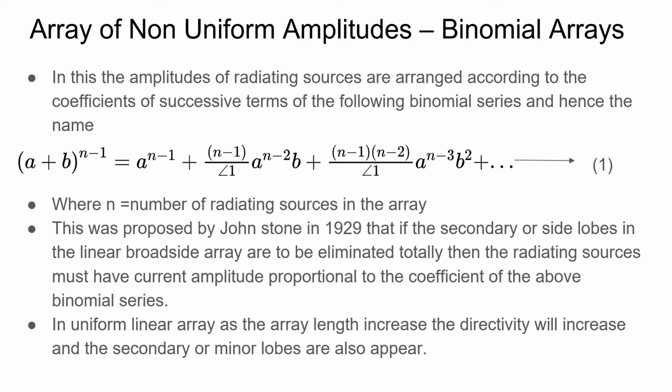For such applications we have to go for non-uniform amplitude input, which will reduce or eliminate the side lobe amplitude, but at the cost of directivity. That means the directivity value is going to decrease, or we can say that the half power beam width value will increase.